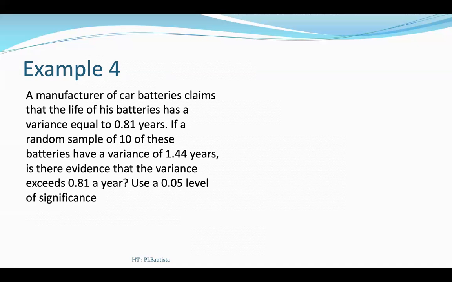So the null hypothesis is the claim of the manufacturer that the variance is equal to 0.81. This is the hypothesis we want to test. Our alternative, based on the question, we want to find out if there is evidence that the variance exceeds 0.81 a year.